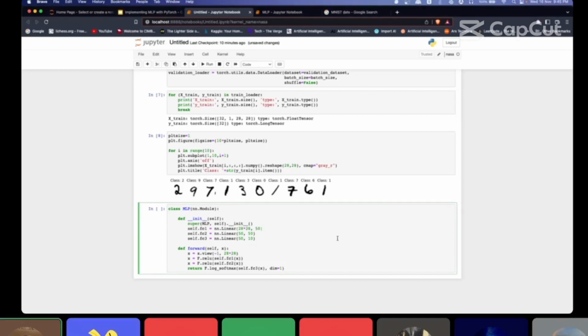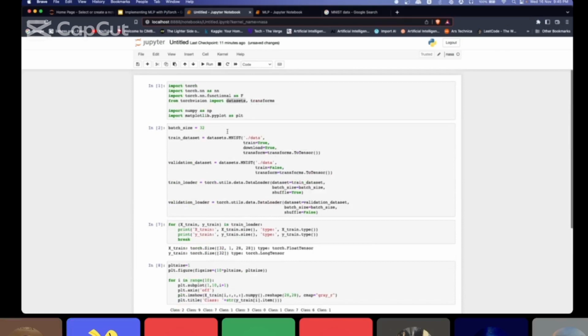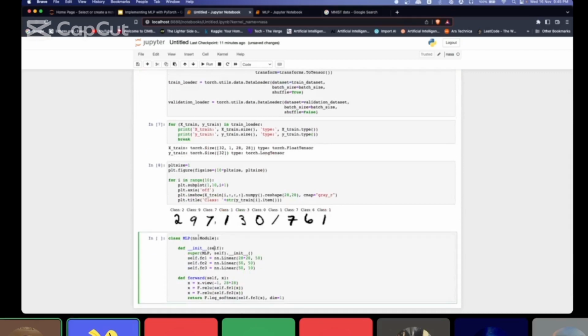Okay, so when you are implementing a neural network using PyTorch, certain things are a must. The first must is that you need to inherit the Module class from the neural network library, so NN module.